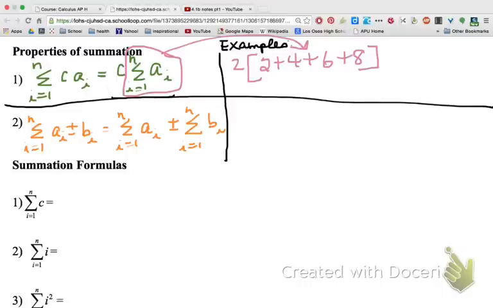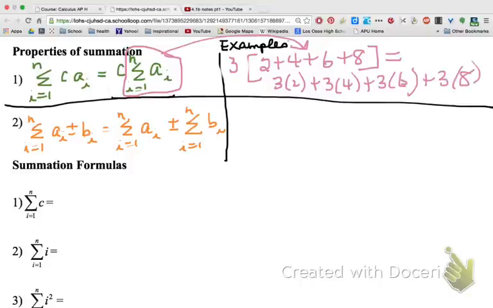And so if I have a coefficient out in front, as a matter of fact, let's not even call it 2. Let's call it 3. So if I have that out in front, of course, I could distribute, and it would look like this. Which would be exactly the same if I had had it on the inside to start with.